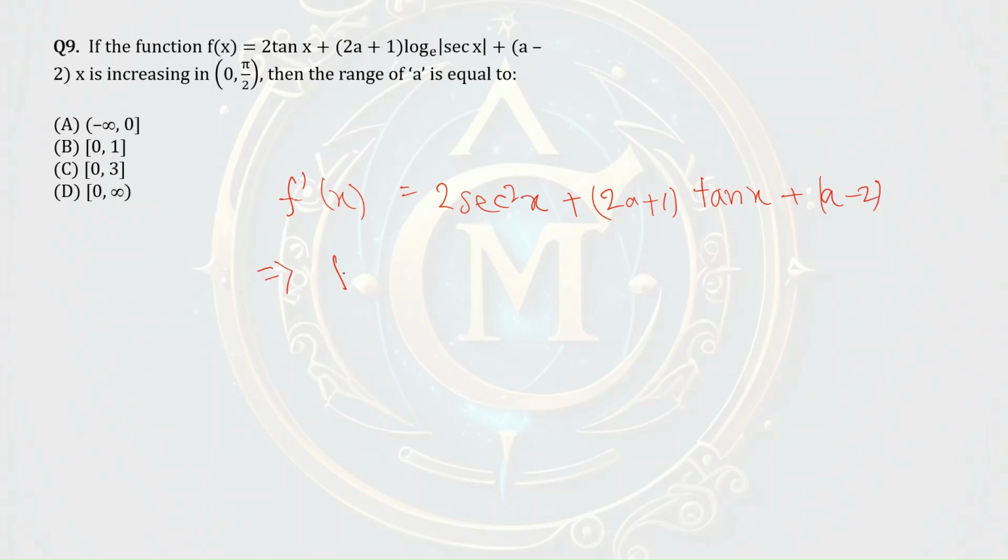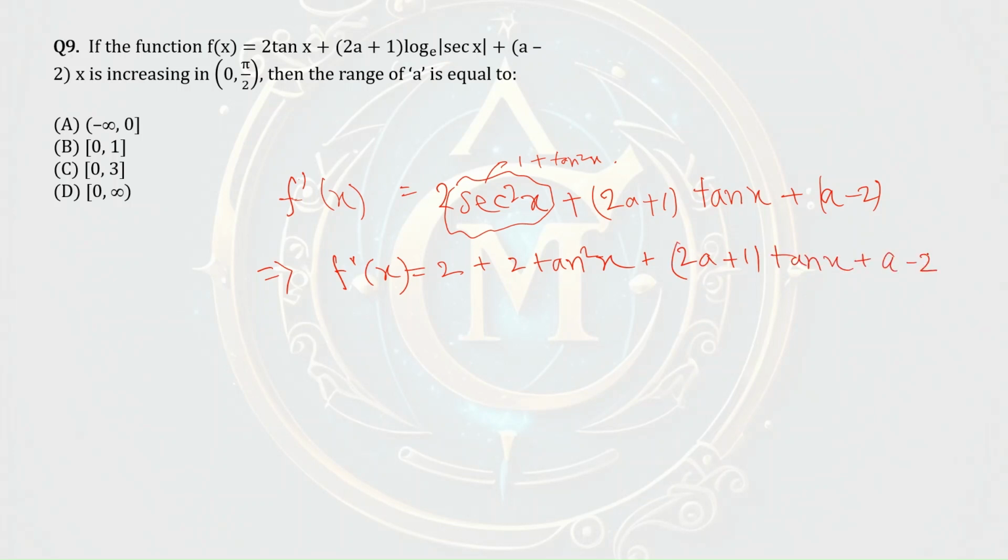So f dash x will be, if we write sec square x as 1 plus tan square x, we will get 2 plus 2 tan square x plus 2a plus 1 times tan x plus a minus 2.